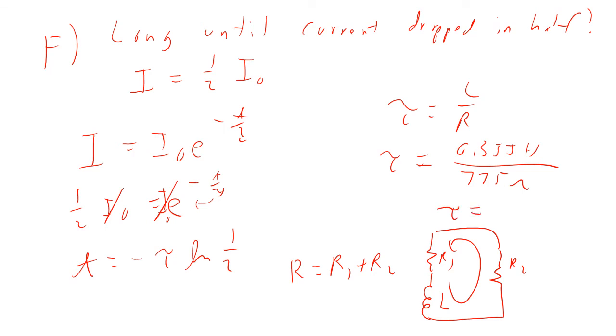So now the tau, in this case, as we're collapsing, is going to be equal to 0.458 milliseconds. Okay, and so we plug that in. So t equals minus tau, natural log of 1/2.